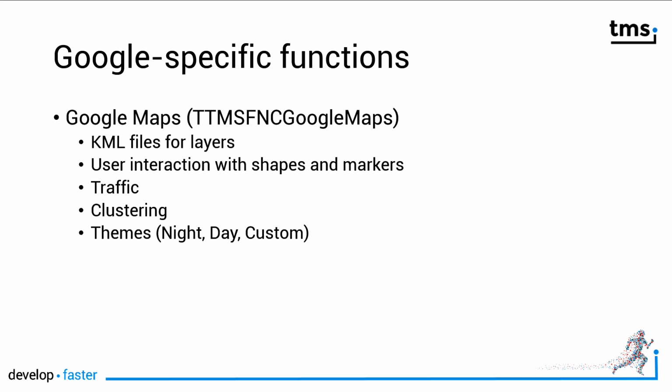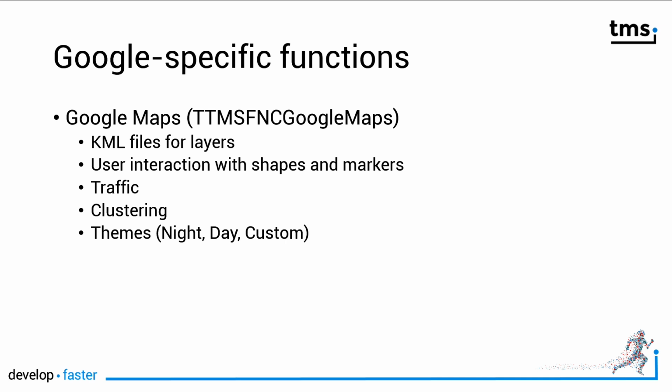Specific functionality is available for Google. You can import KML files. These are files with certain layers. You can offer user interactions with shapes and markers, meaning your users will literally be able to draw on a map. You can display traffic information, the aforementioned clustering, and you can offer theming, night and day.